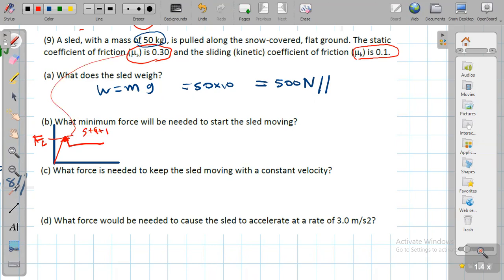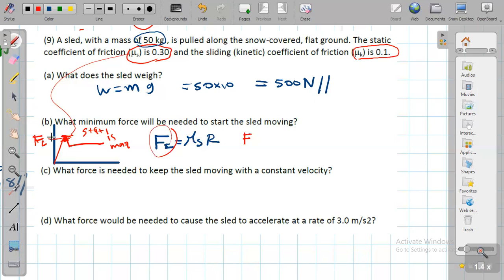The limiting static friction is what we want to find out: mu static times R. You have to overcome the frictional force, so that is the maximum.